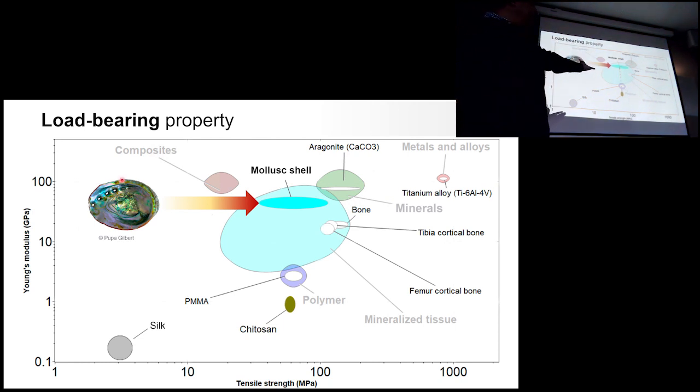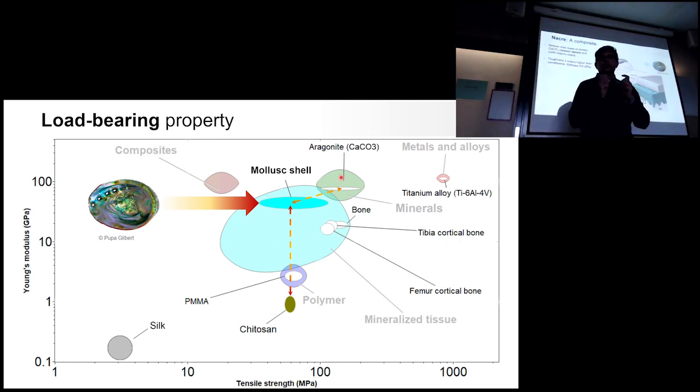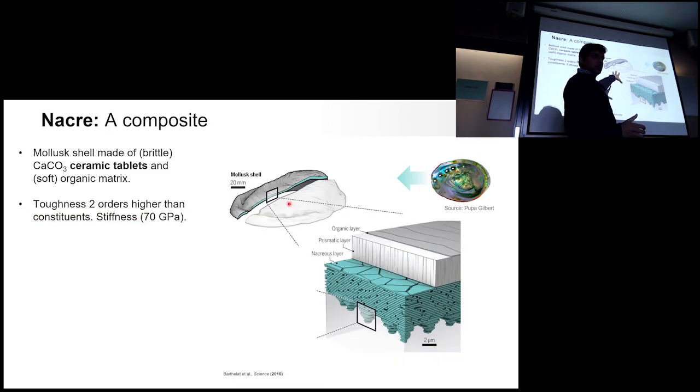So Nacre is a composite, like I said, comprising the polymer chitin and the mineral aragonite. But it's not made by these constituents in a random manner. Like I discussed before, there is a beautiful order in which the Nacre puts together these constituents to create this beautiful composite.